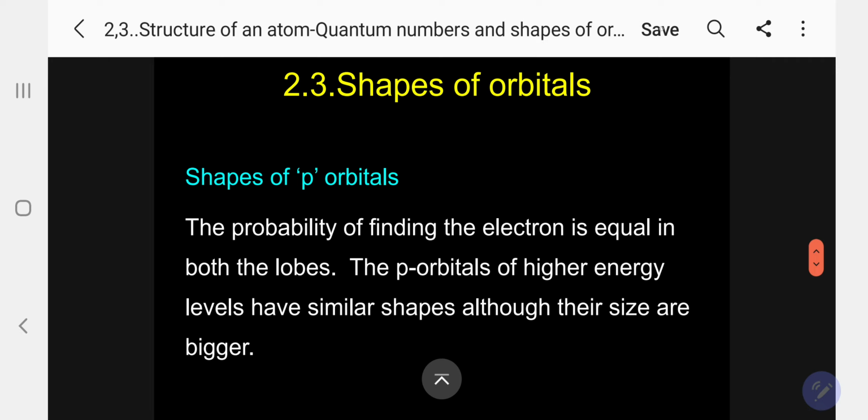Now let me go further into p orbitals. The probability of finding the electron is equal in both the lobes.